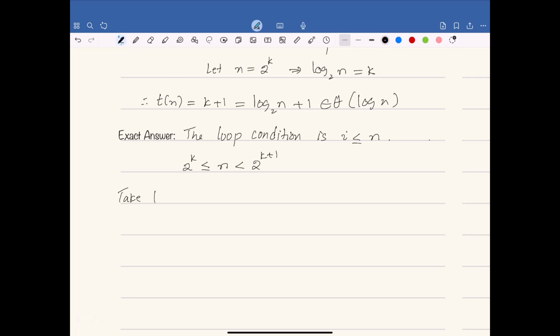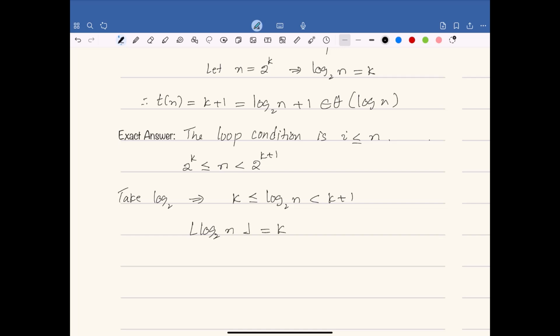This will give us the following inequality: k less than or equal to log 2 of n, less than k plus 1. This inequality represents the floor of log 2 of n. Go back to the previous lesson, which is a quick review on the floor and ceiling functions and their formulas and properties. So here we say that k is equal to the floor of log 2 of n.